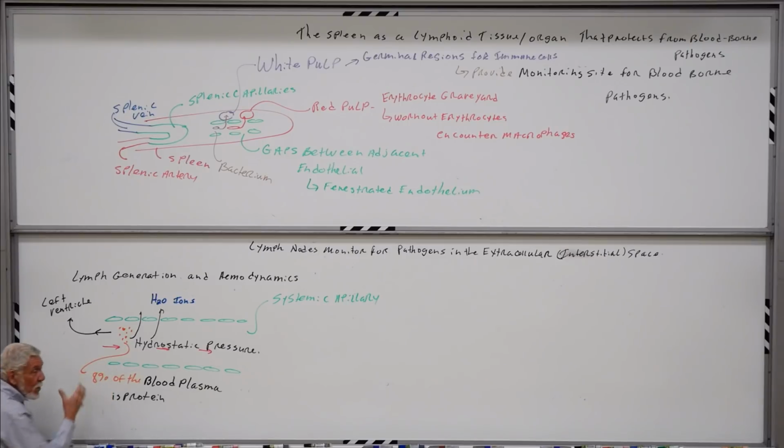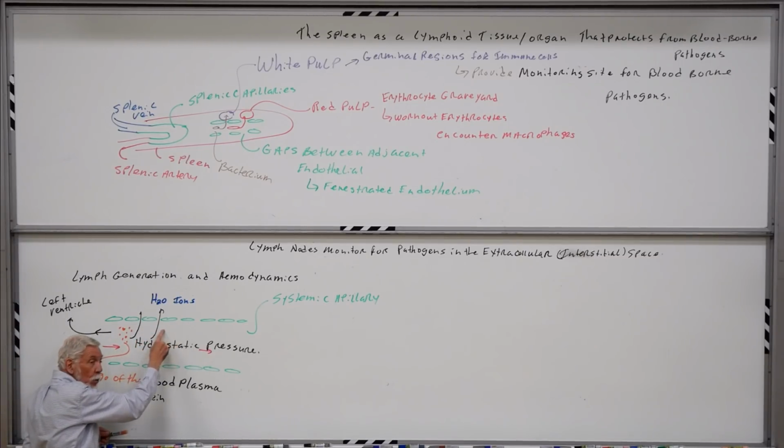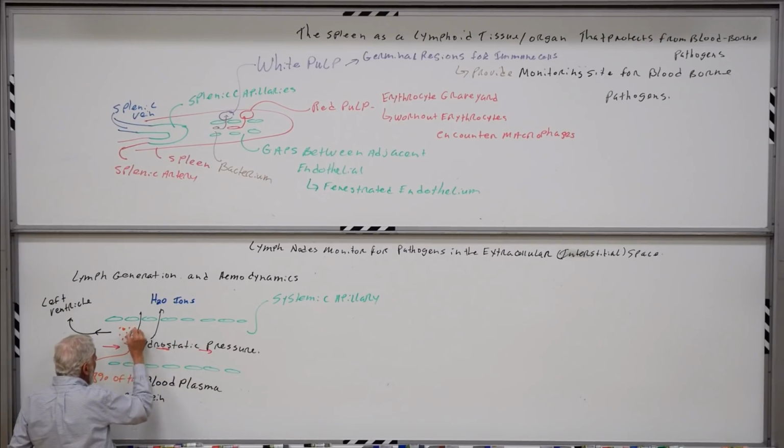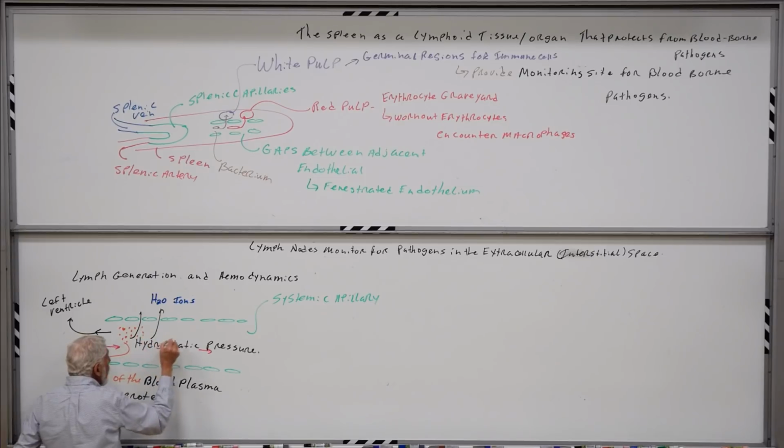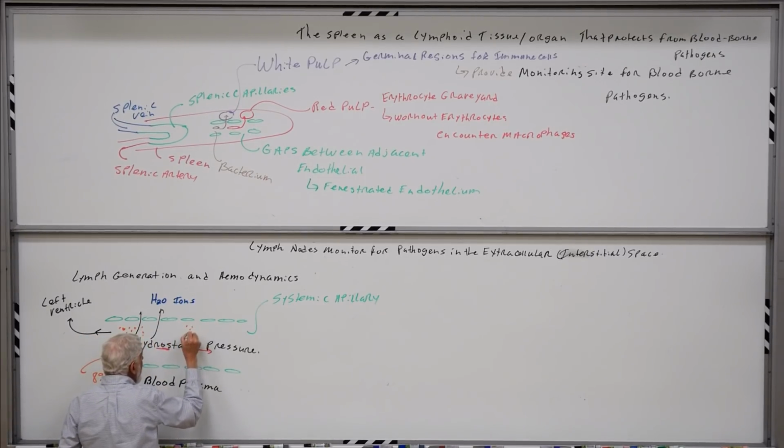Now, typically these plasma proteins have a molecular weight of around 40,000, so they're just too big to move through these tiny sieve holes between the adjacent endothelial cells. So what happens is, as the water leaves, we leave behind these plasma proteins.